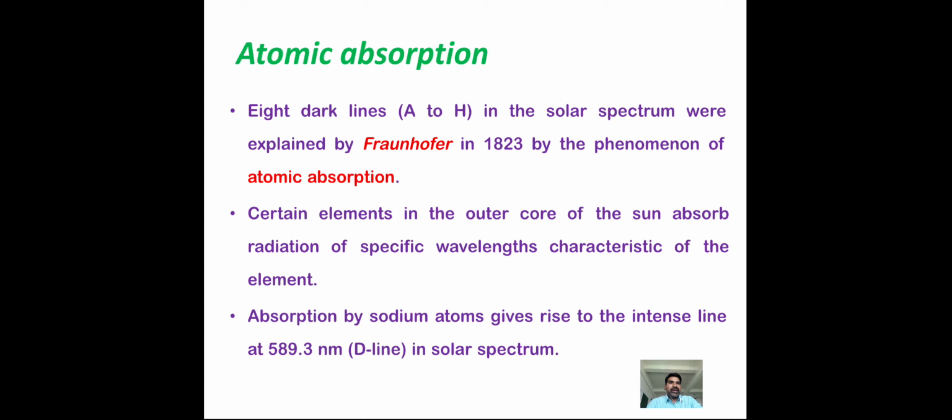Certain elements in the outer core of the sun absorb radiation of specific wavelengths characteristic of the element. Absorption by sodium atoms gives rise to an intense line at 589.3 nanometer in the solar spectrum.